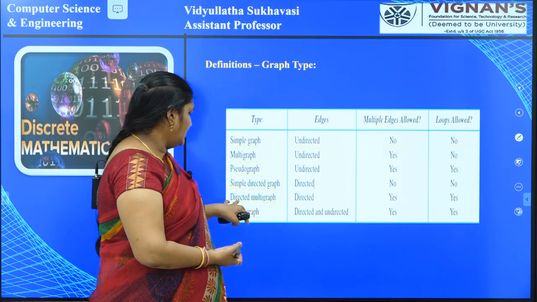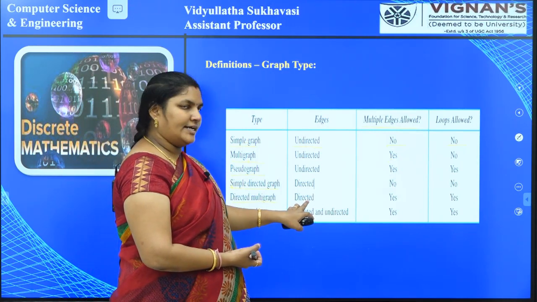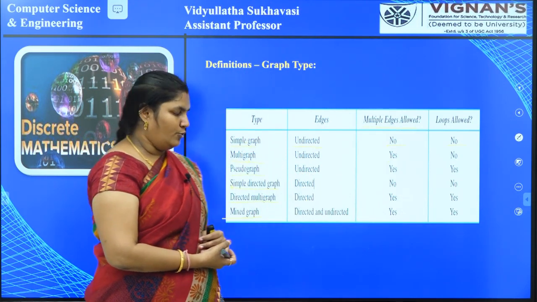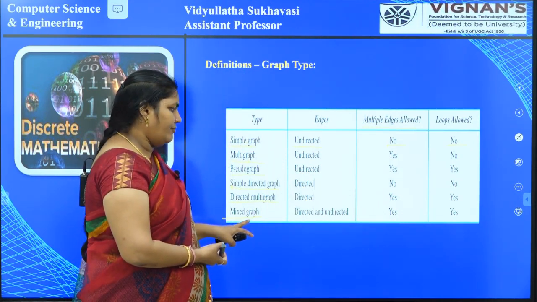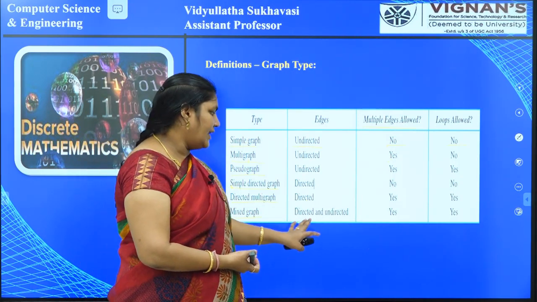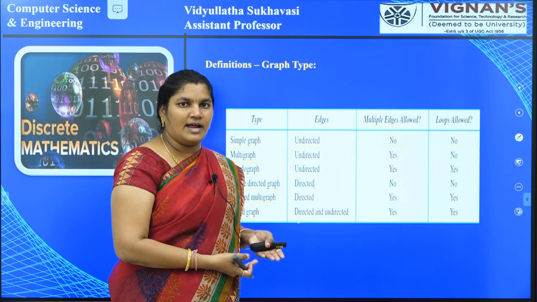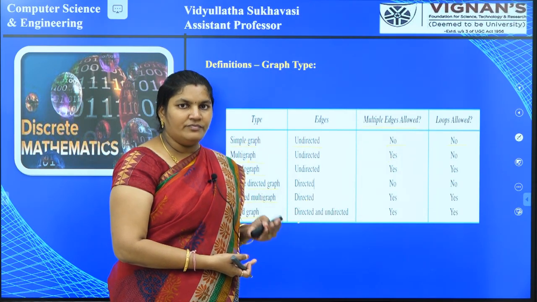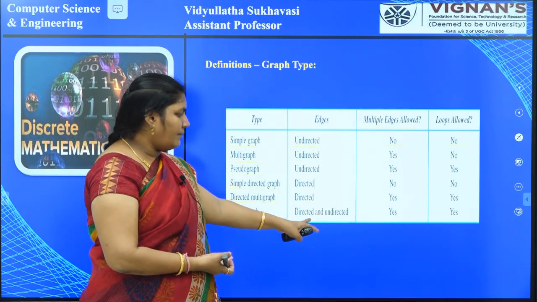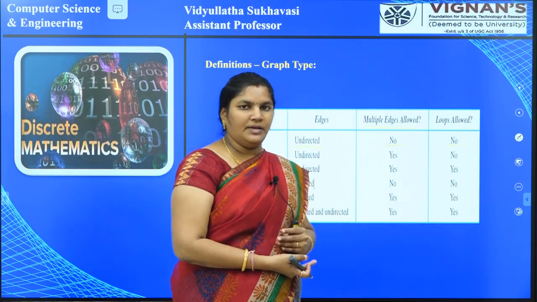Since the name itself indicates that it is a directed graph, it has a directed edge type, and here we can allow multiple edges and loops. Next, the mixed graph. We can represent a mixed graph in both directed and undirected ways. In the definition itself we have seen that a mixed graph is a combination of directed and undirected. So the edge type is directed and undirected, and here multiple edges and loops can be allowed.